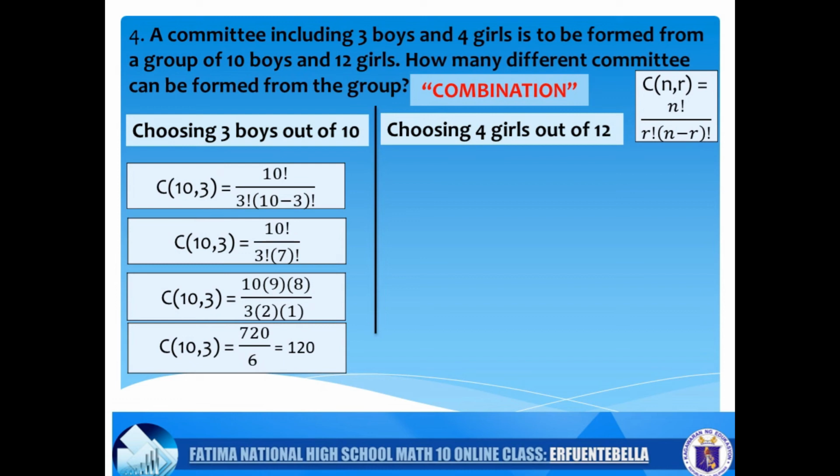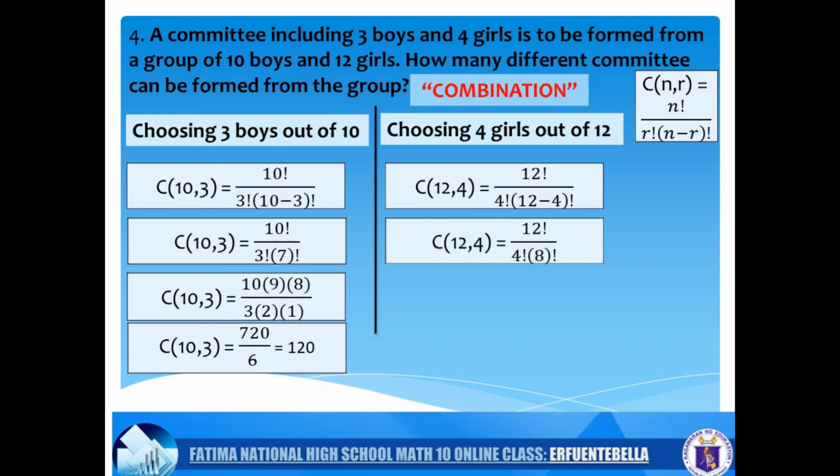And then for choosing 4 girls out of 12, of course we have C of 12 and 4. So 12 factorial over 4 factorial times the difference of 12 minus 4 quantity factorial. So we have this one now, 12 factorial over 4 factorial times 8 factorial.